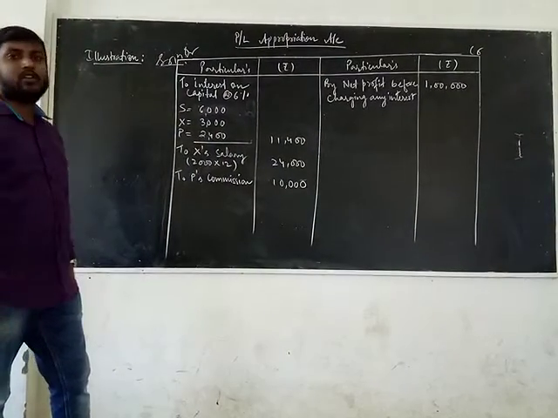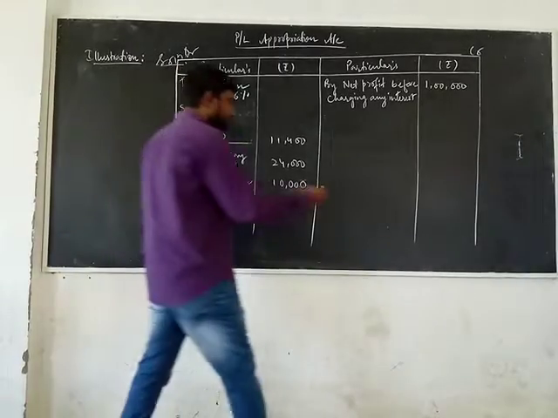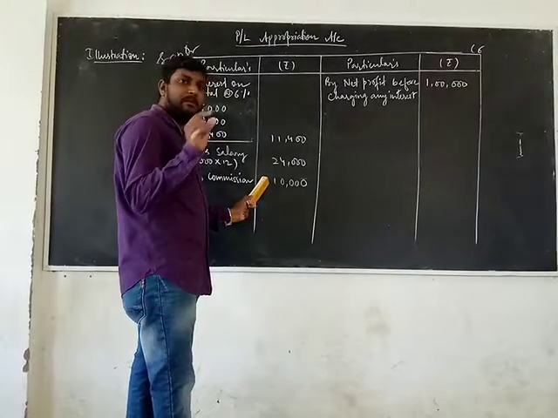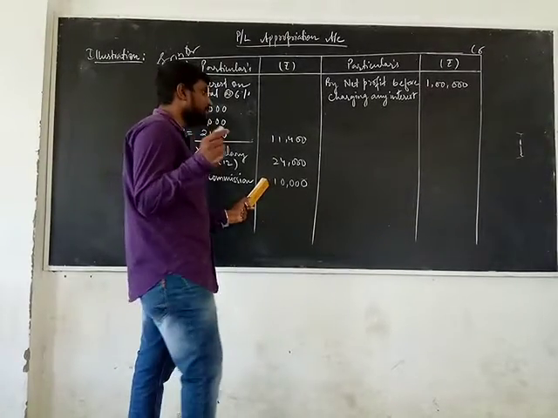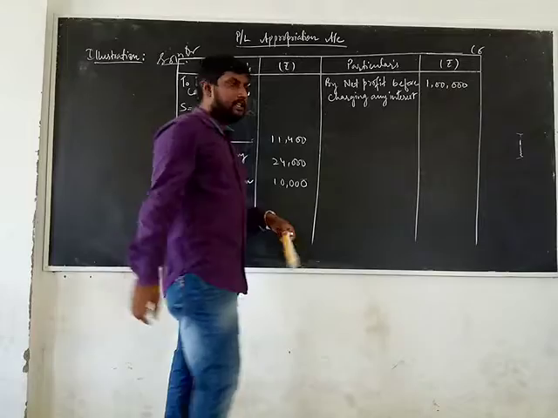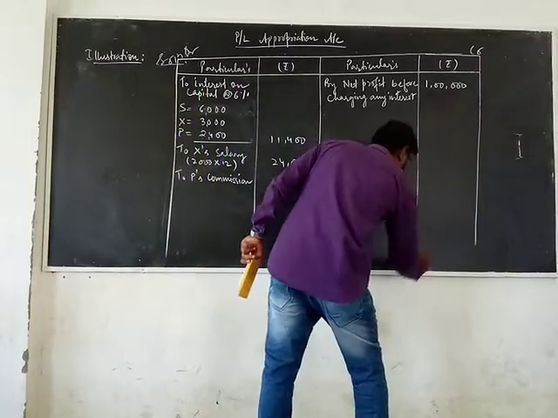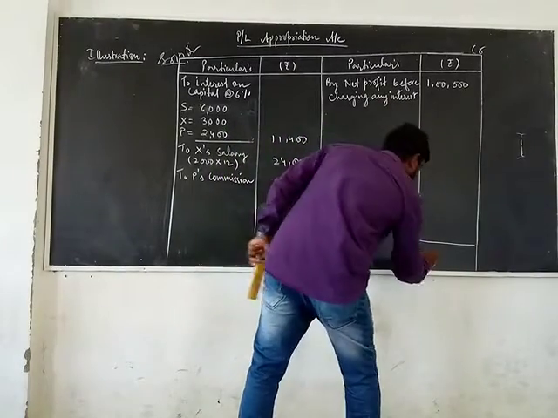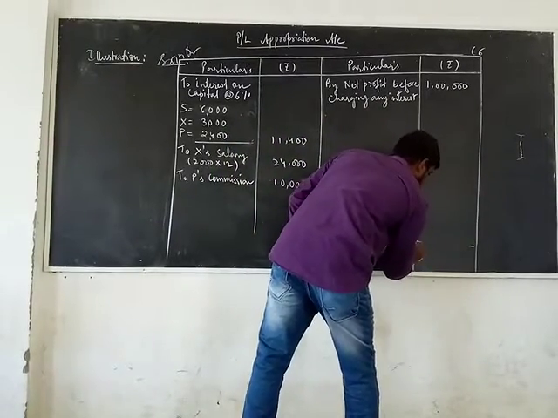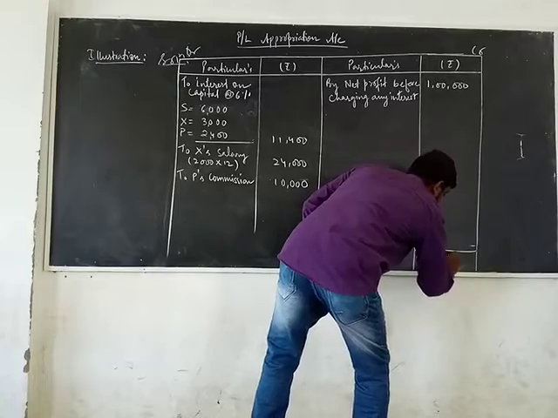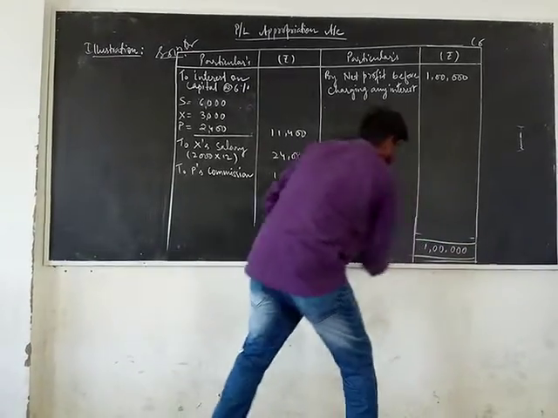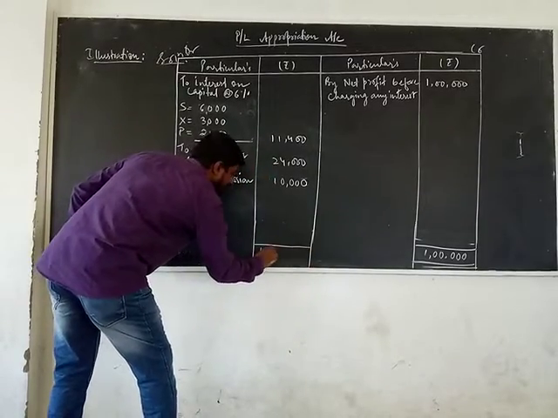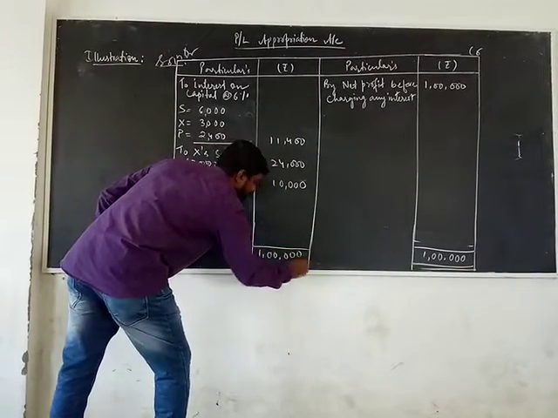So now here we need to conclude. Now see, by adding all these three items, the total will obviously be less than this one. That means our credit side total figure is higher. Now we will close this. Now the question may arise, sir, what was the remaining figure?